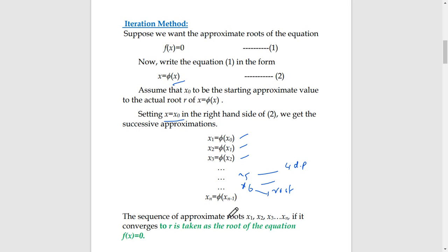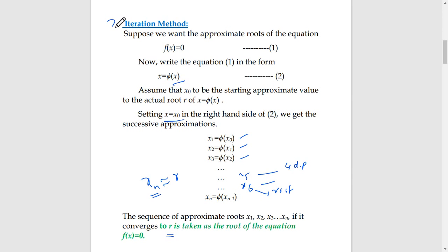The sequence of approximate roots x1, x2, and so on, xn, if it converges to R, that means if xn is very close to R, then we say that this xn is the root of the equation f of x equal to 0. So this is the iteration method.